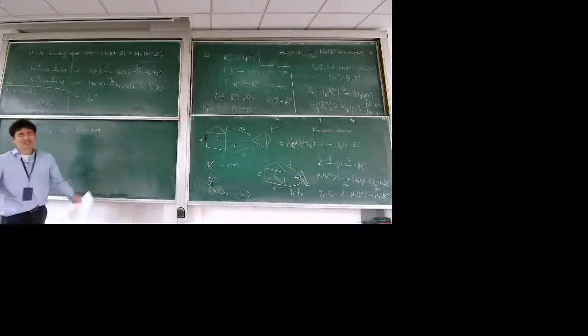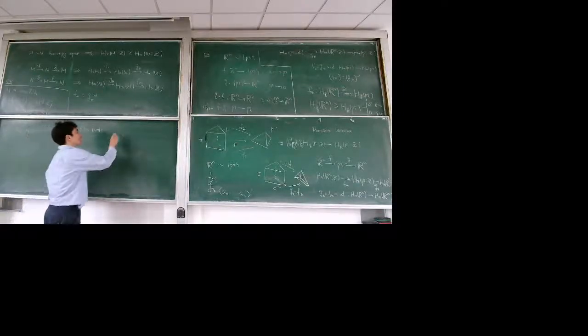These are very simple manifolds, so it's easy to compute the homology group. But by using homotopy equivalence and also the Mayer-Vietoris exact sequence, one can compute the homology groups of lots of manifolds.